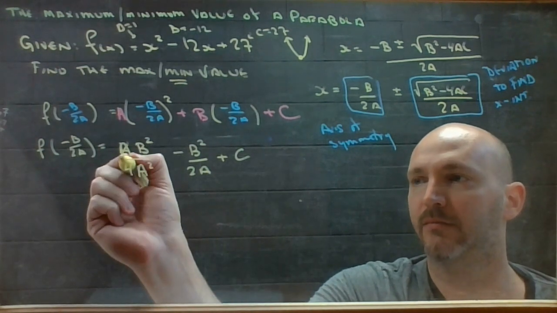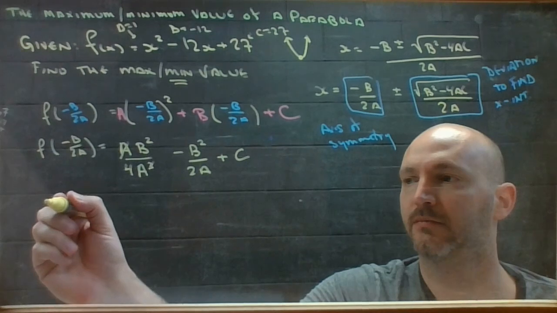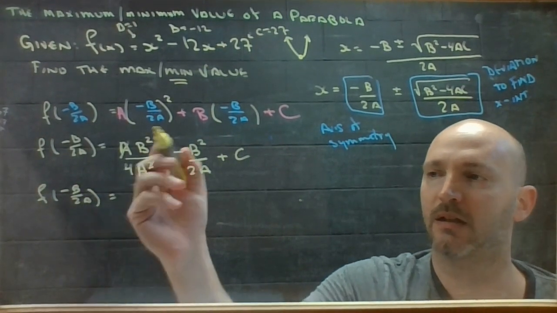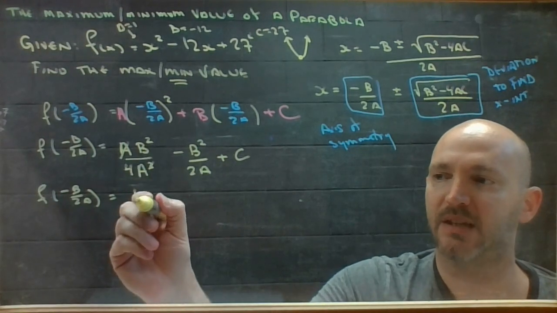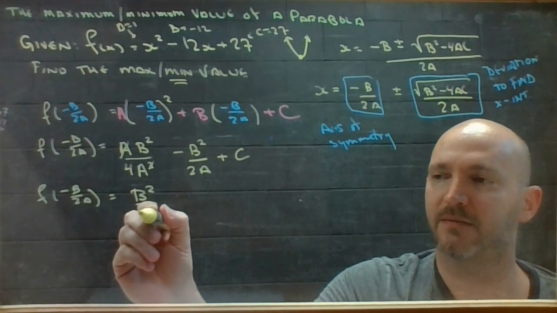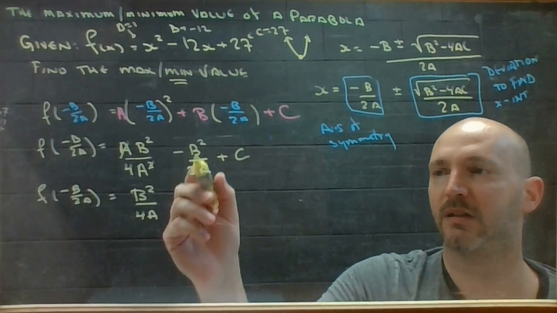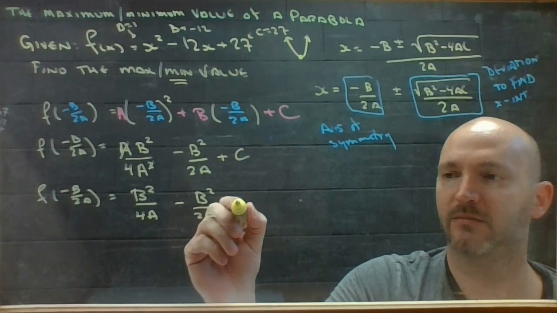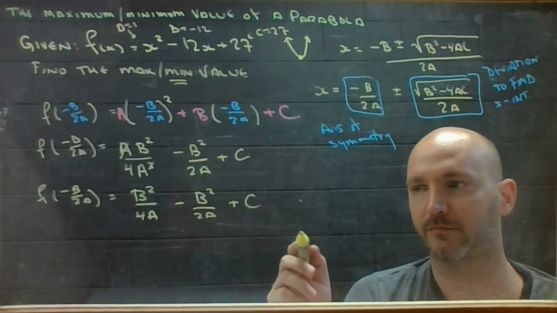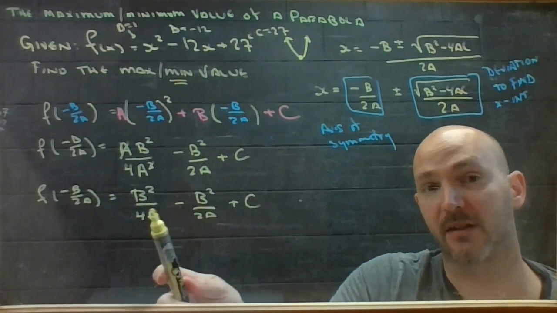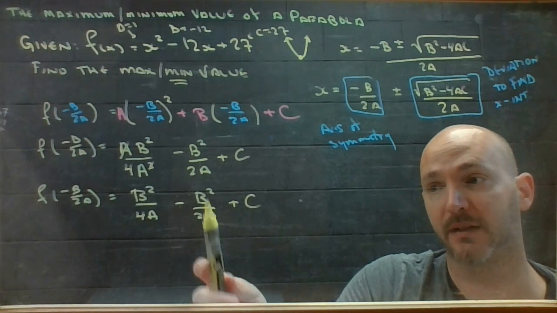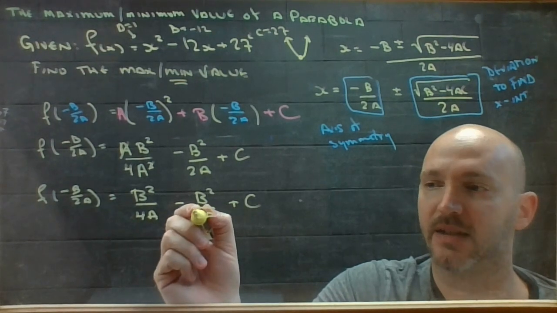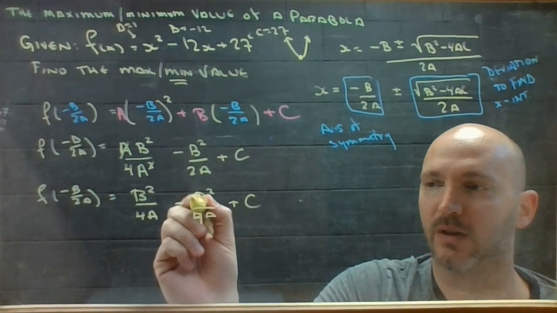Now an a divides an a. So I end up with b squared over top of 4a. I have a negative b squared over 2a. Now these things are almost fractions with a common denominator, so I'm going to adjust it so they do. If I doubled this, I would have 4 on the bottom.